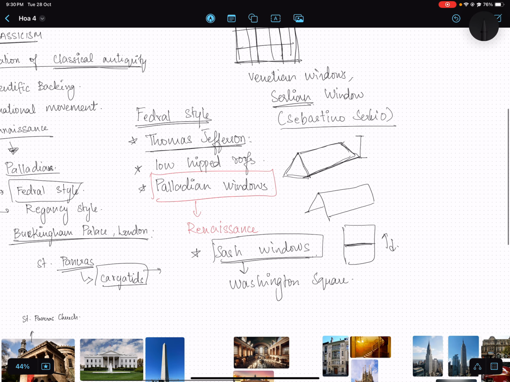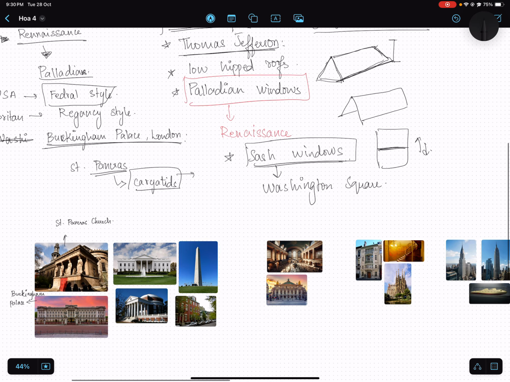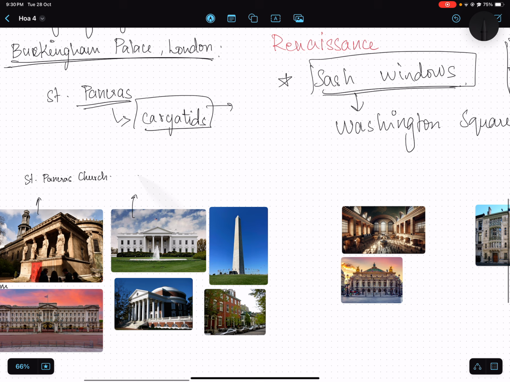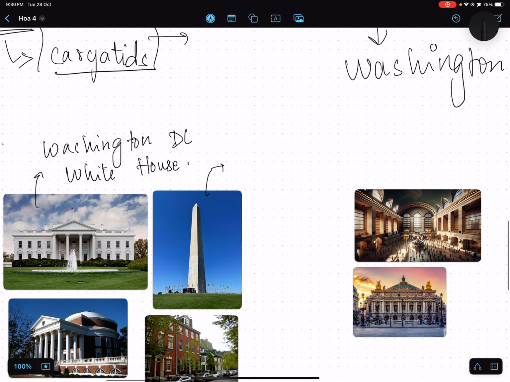So some of the examples of Federal style are our Washington, DC White House, and this is inspired from the Egyptian obelisk, and this is our Washington Monument, designed by Robert Mills.